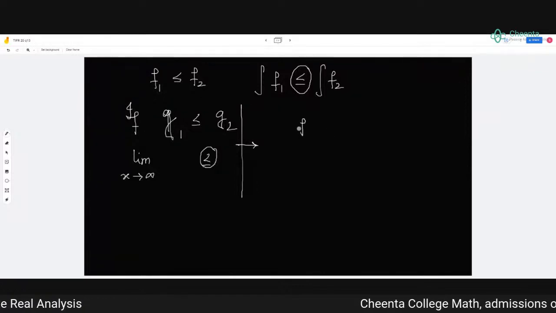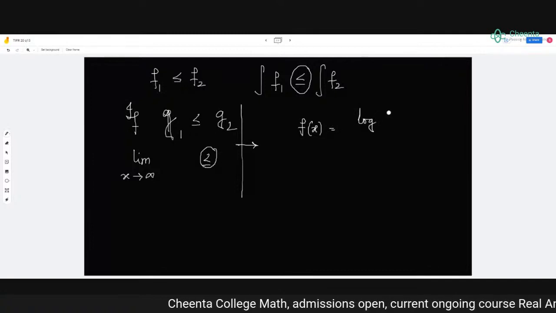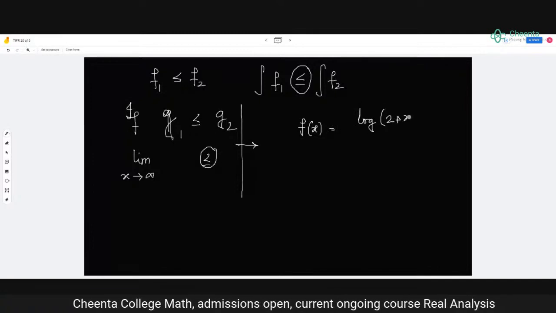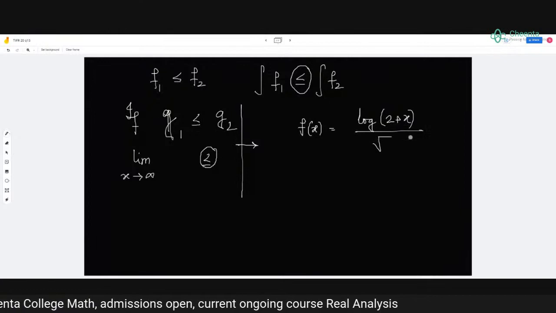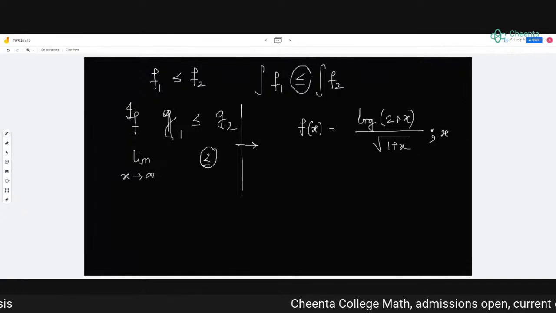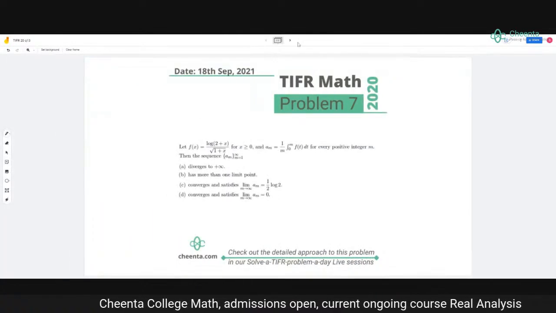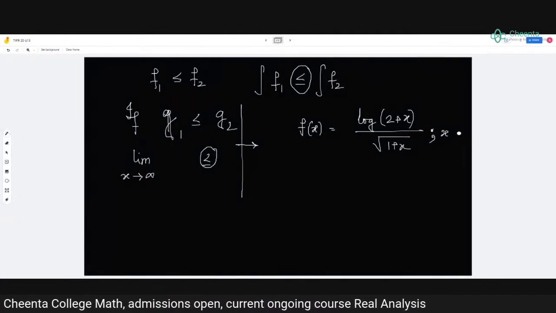So see, the function f of x is given to us as log of (2 plus x) by root of (1 plus x), and it is also mentioned that x is greater than 0. So x is greater than or equal to 0.